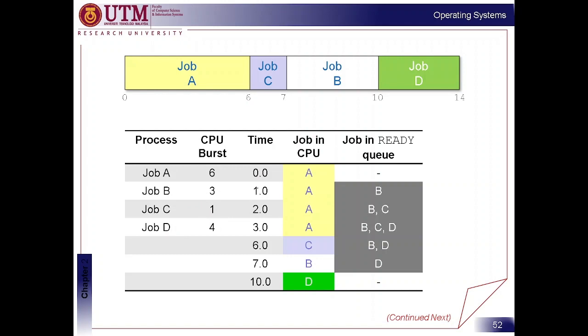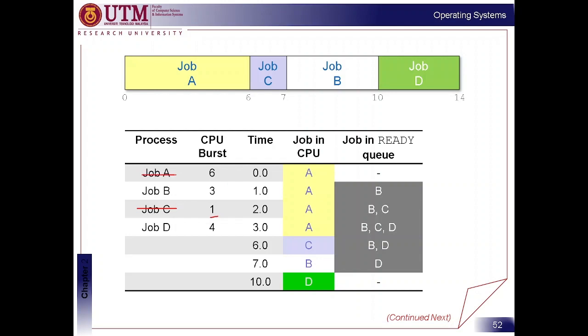At time 6 we have 3 processes available, and before executing we compare which CPU burst time is the smallest. As you can see, job C has the smallest CPU burst time. So next we execute job C, and after job C is completely executed, we look at the available processes again.